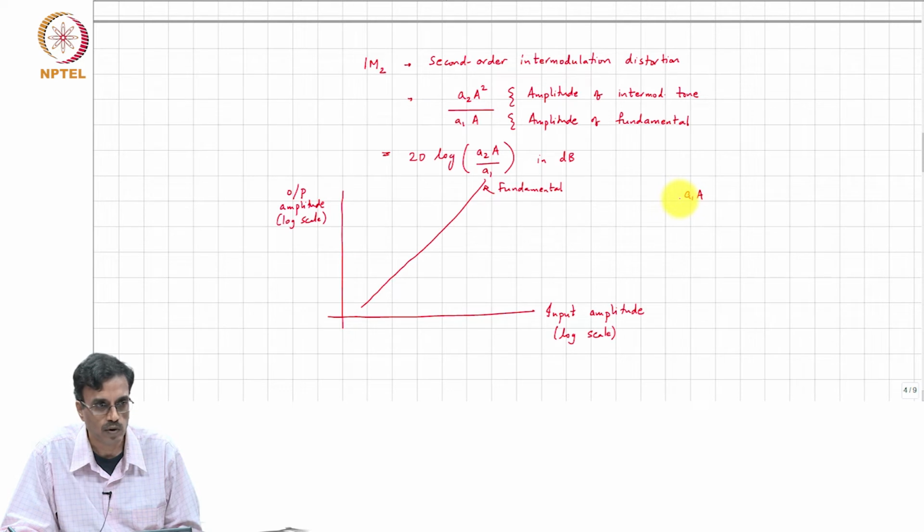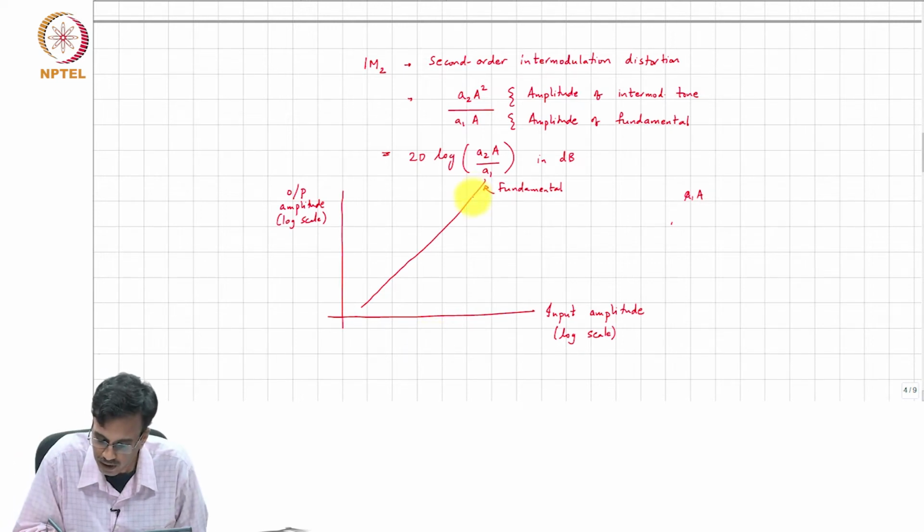The output amplitude is A1 times A, so when you take the log, this simply becomes 20 log A plus 20 log capital A1, and on the x axis it is 20 log A. So, you will get a straight line with a slope of 1.